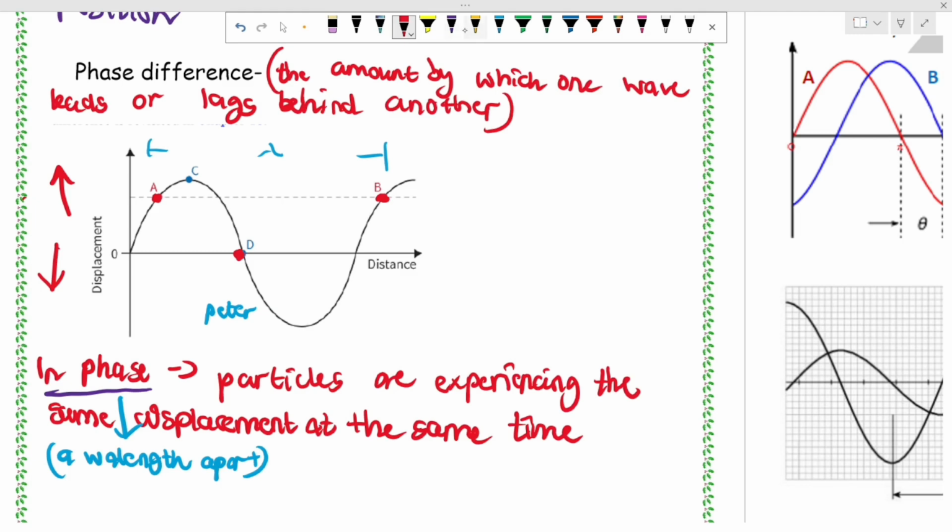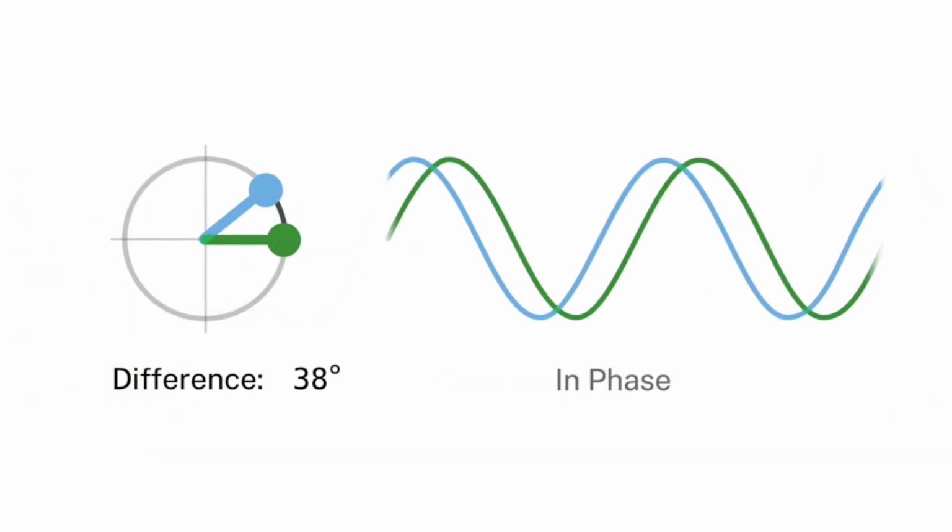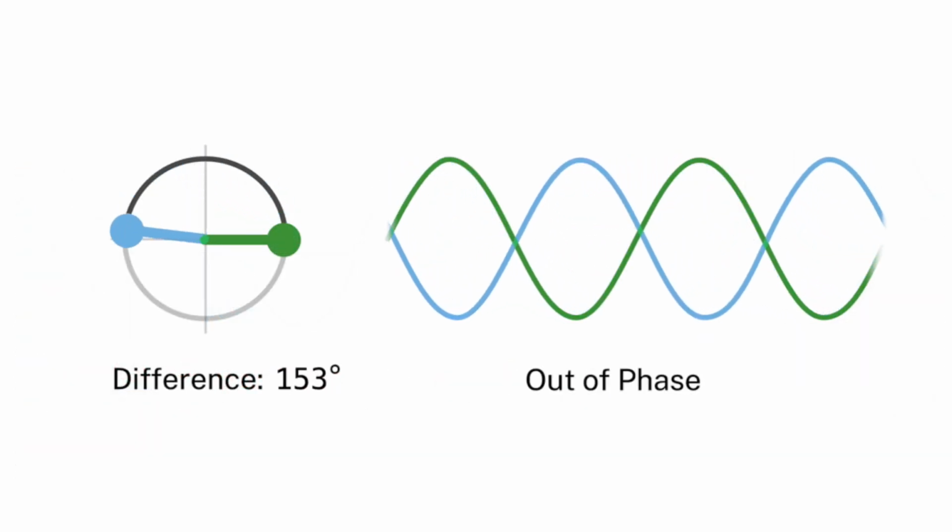It's usually expressed in degrees or in radians. This difference means that the waves themselves are different: one wave is leading or lagging behind another.